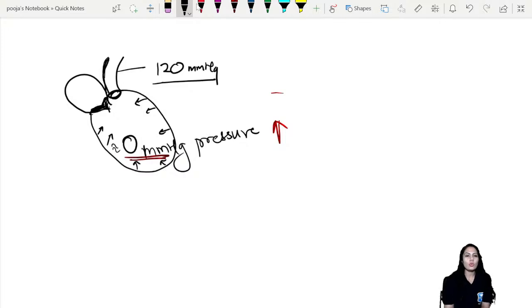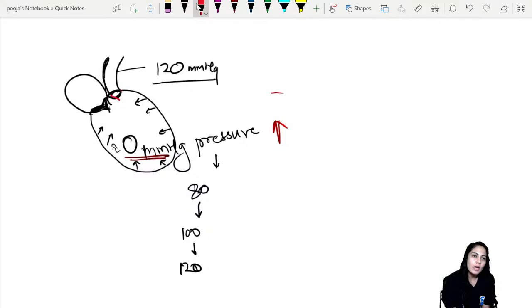Slowly and steadily this pressure will rise. Suppose it became 80, then 100, and then 120. But at this time, both the valves are closed during this phase of ventricular contraction. That means the AV valve is closed and the semilunar valve is also closed.